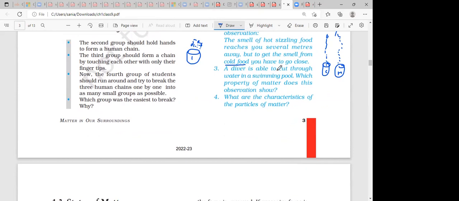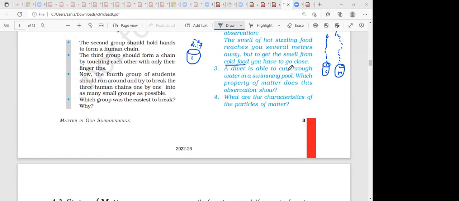Next one is: a diver is able to cut through the water in a swimming pool, but the property of matter does not. What does this observation show? So who is going to tell me? Okay, so let's just discuss.